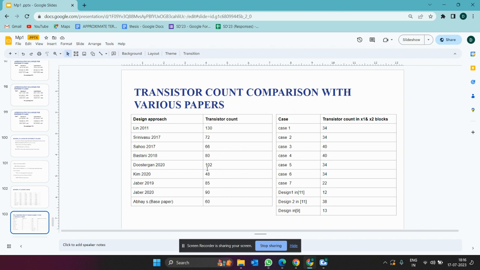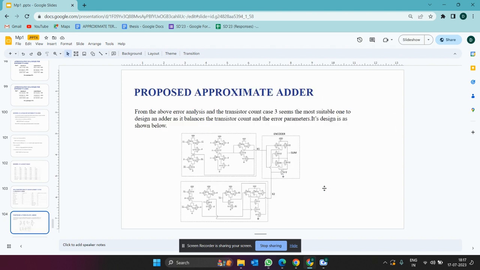So you can see the difference here, it is 130, but here we have reduced to 34, 30, 40, 40, and 22. So after introducing an error which is less than 1% or 5%, we have got the transistor counts like this. This transistor count decrease indicates the decrease of hardware complexity. So this is the final proposed approximate adder of our project.